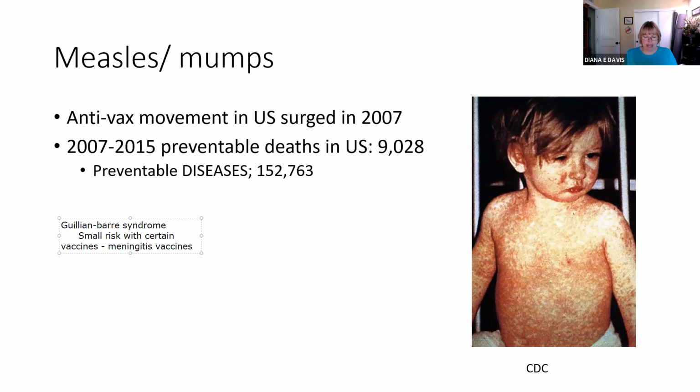Guillain-Barré is a condition of the peripheral nerves. So these are the nerves that are not part of the brain or spinal cord. They're in the rest of the body. So there is a risk of paralysis. There is a risk of death.